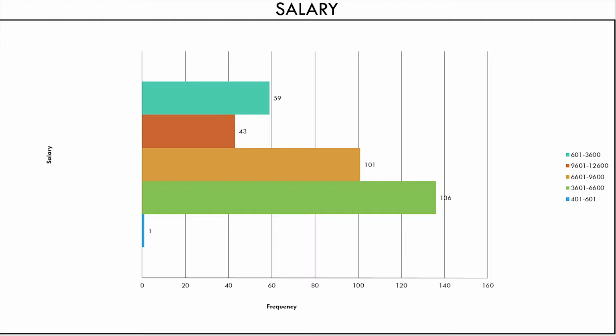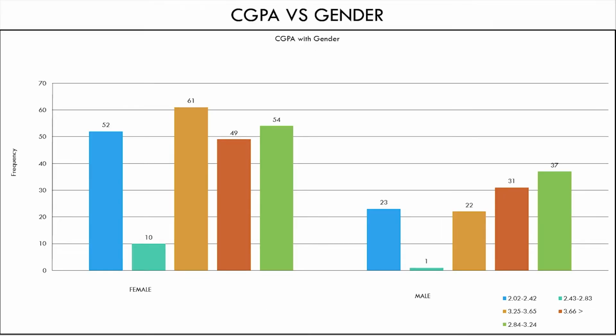For the graph of salaries, the highest salary of SQS students in UAM is from 3,601 until 6,600 ringgit Malaysia. The lowest frequency is from 401 until 601 ringgit Malaysia.